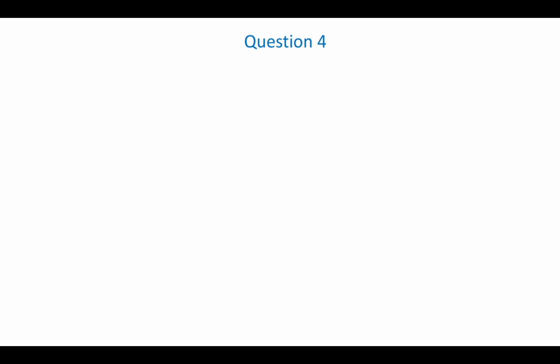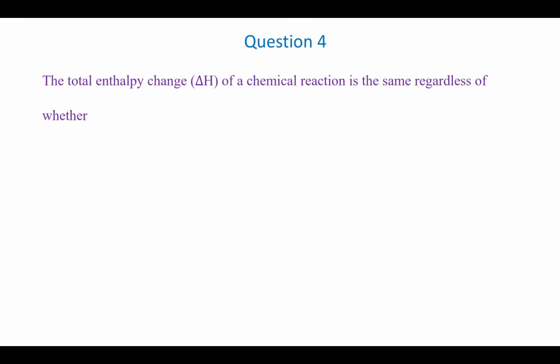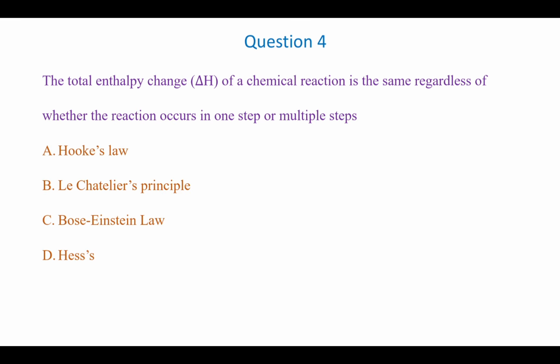Question 4. Are you ready? The total enthalpy change of a chemical reaction is the same regardless of whether the reaction occurs in one step or multiple steps. Hooke's law, Le Chatelier's principle, Bose-Einstein law, Hess's law. Your time starts now. Alright, the correct answer is Hess's law.